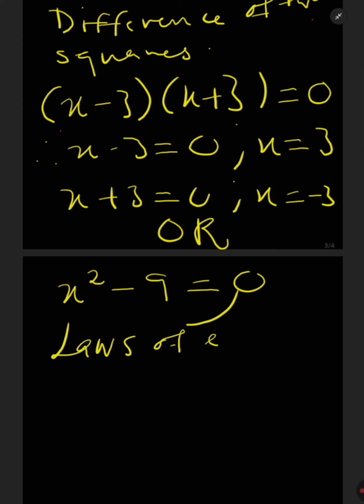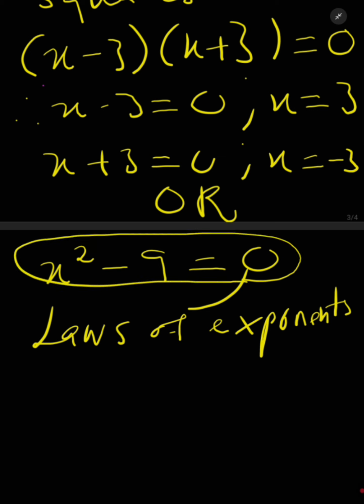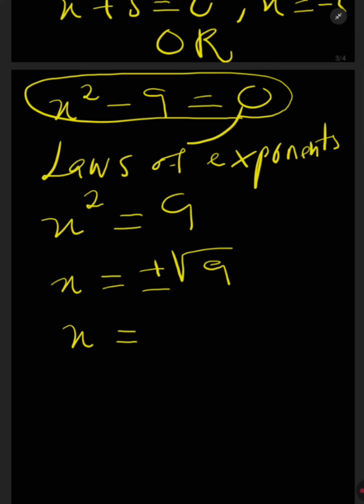Okay, what do you do now? You can say x squared equals 9, meaning you take minus 9 to the other side to become positive. You shall have x equals plus or minus square root of 9 as the following step. And then what is the square root of 9? Well, it's plus or minus 3.